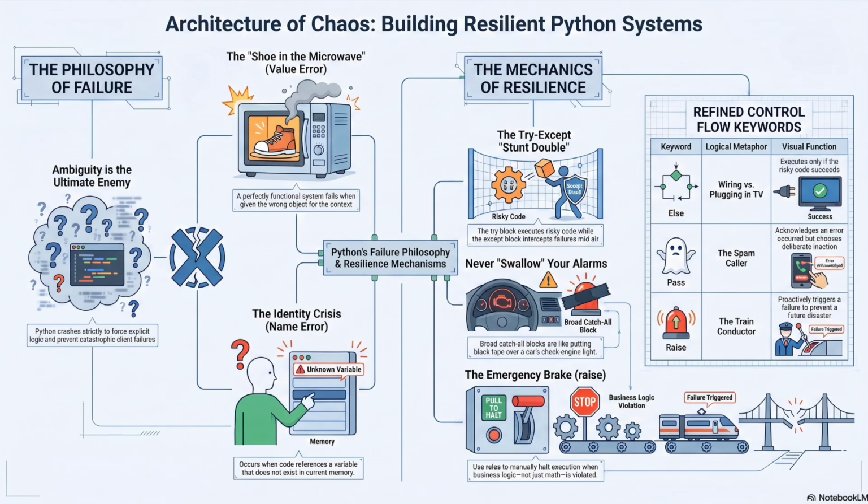I always visualize this like a movie stunt double. Oh, I like that. Yeah, like the main actor is the try block. Most of the time, the actor's just delivering lines, walking through doors, totally safe, standard execution. Right. But then there is a dangerous sequence. You try the stunt, but if the danger level spikes or something goes mechanically wrong, the except stunt double instantly steps in to take the fall.